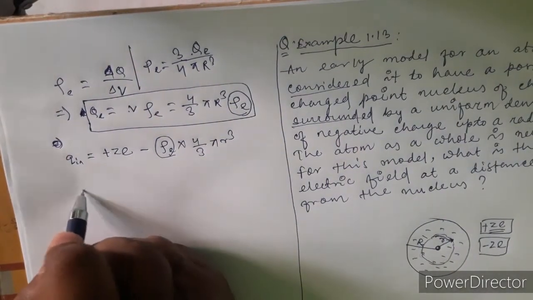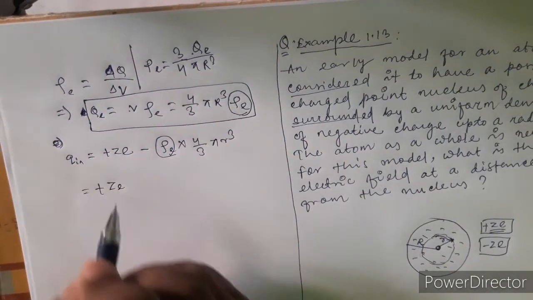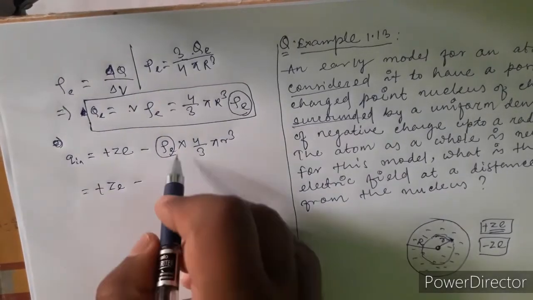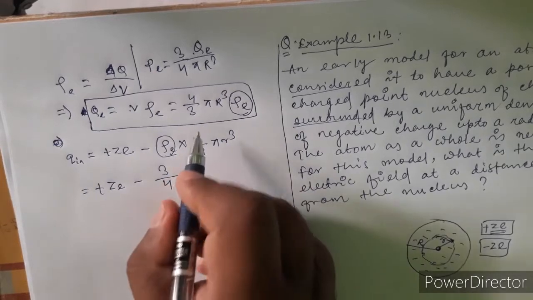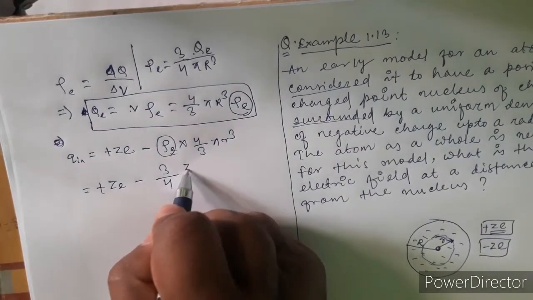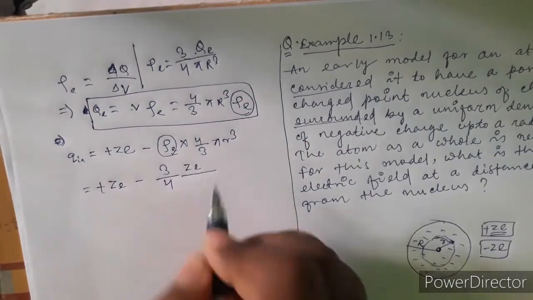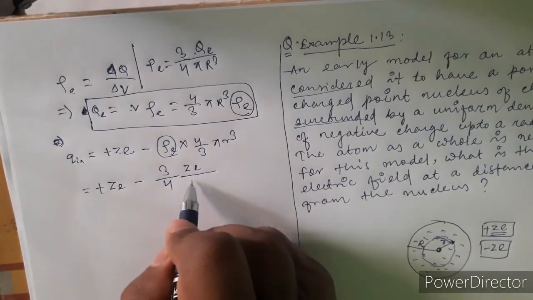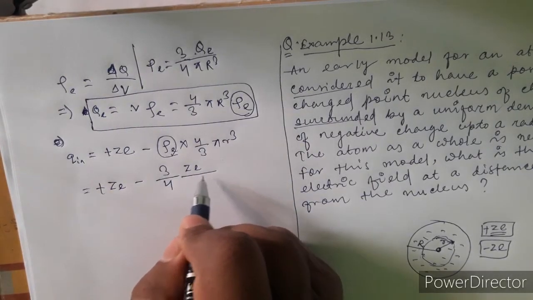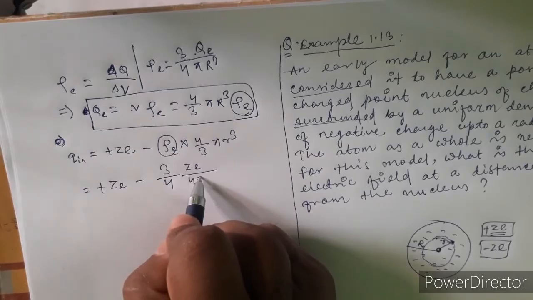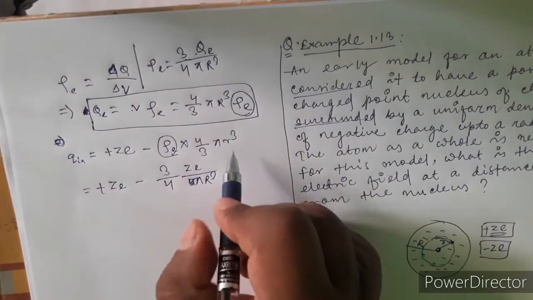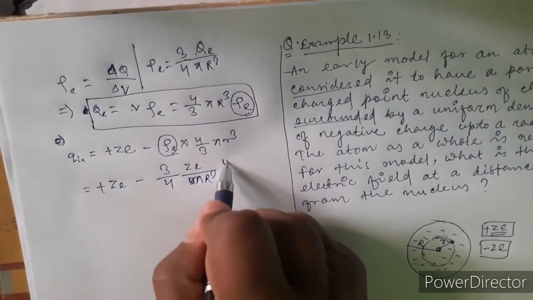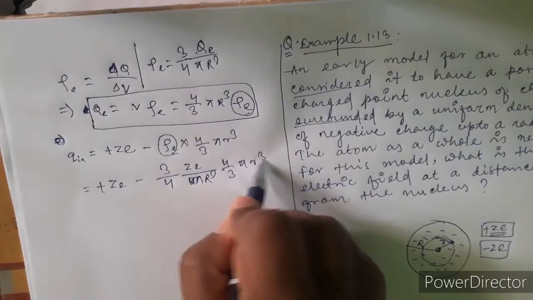So now you can write this one plus JD minus what is rho E, that is 3 by 4 QE, which is JD by 4 pi R cubed, and this is 4 by 3 pi small r cubed.